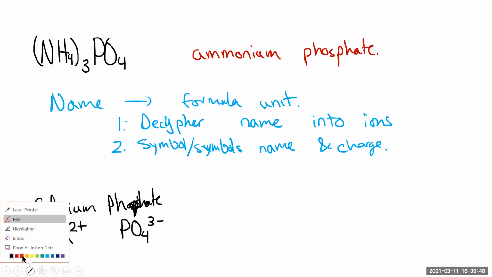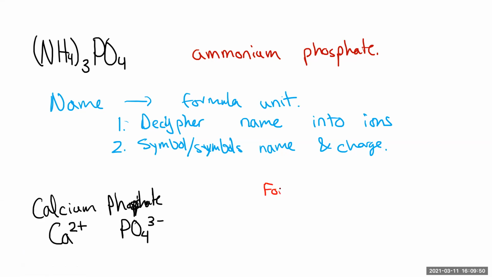So that when you write the formula unit for this ionic compound, you would correctly write Ca3(PO4)2 in order to make sure that the charge is balanced. Okay.